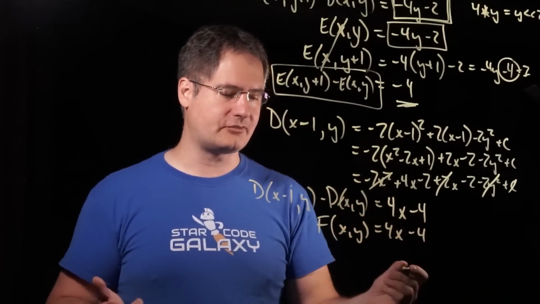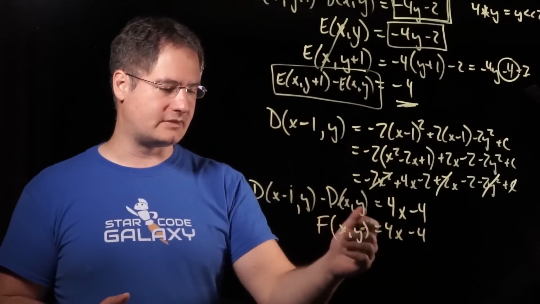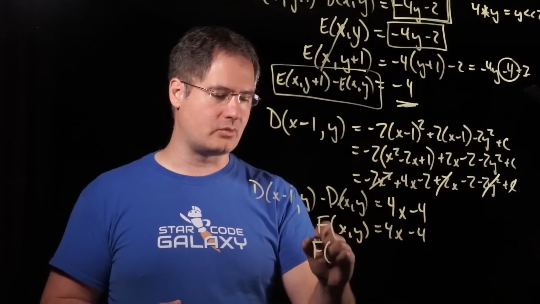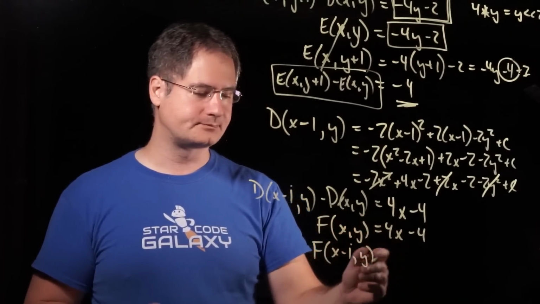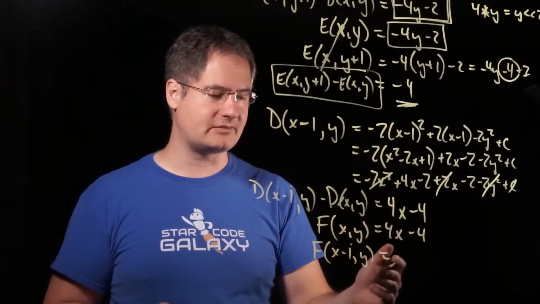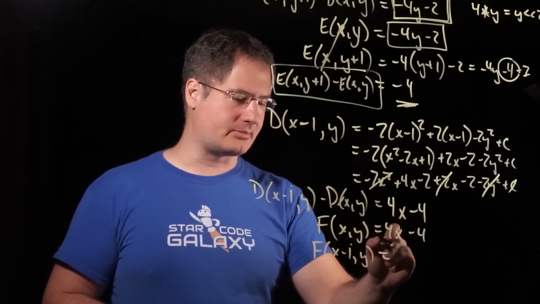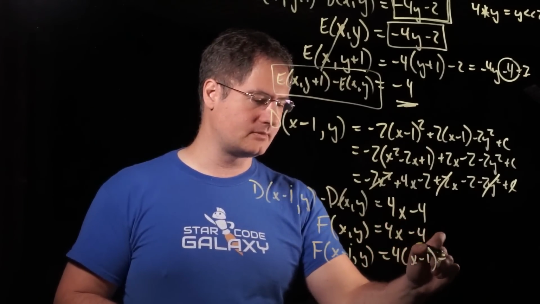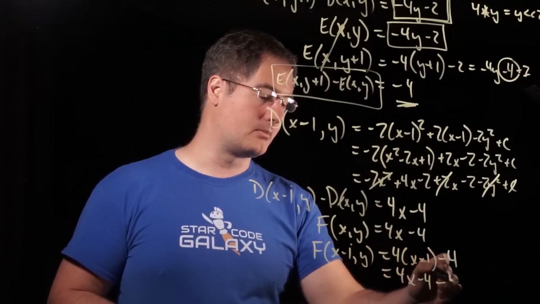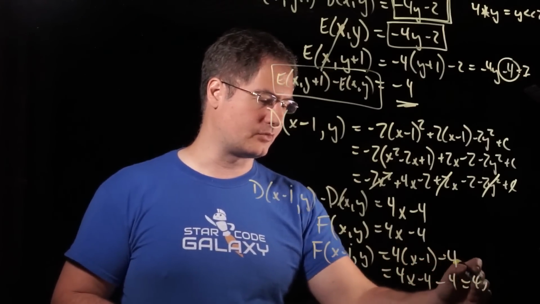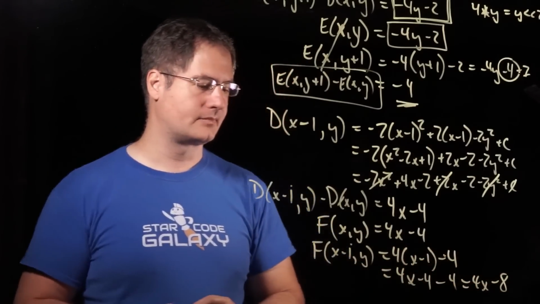So anyway, if we imagine that this is now our new equation that we want to do a delta for, we want to know what happens when we move to the left, like so. How are we going to update this? Well, we're going to update this by plugging in x minus 1 to the equation. That gets us 4x minus 4 minus 4 again, which of course is 4x minus 8.